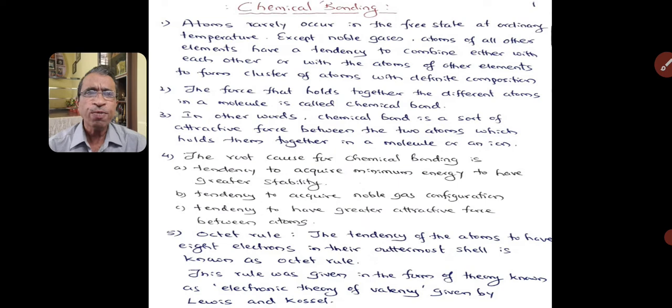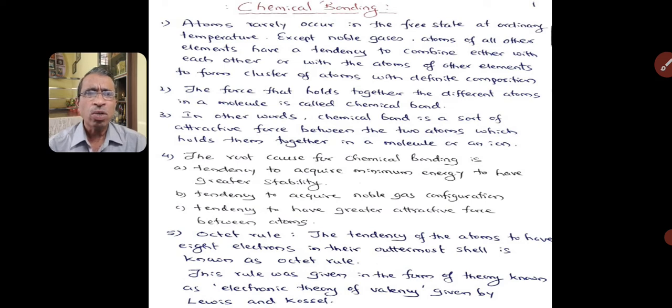The root cause for chemical bonding is the tendency to acquire minimum energy to have greater stability, the tendency to acquire noble gas configuration, and the tendency to have greater attractive force between the atoms.